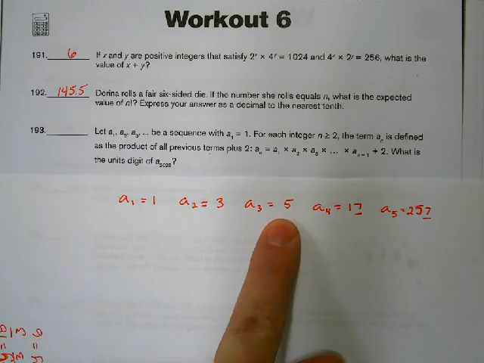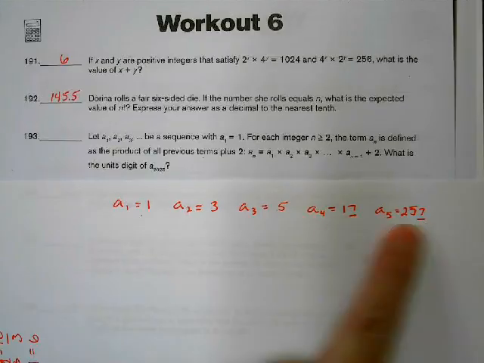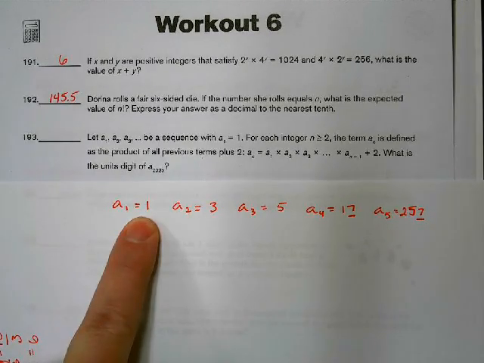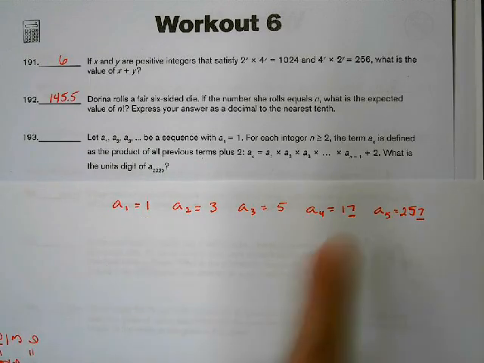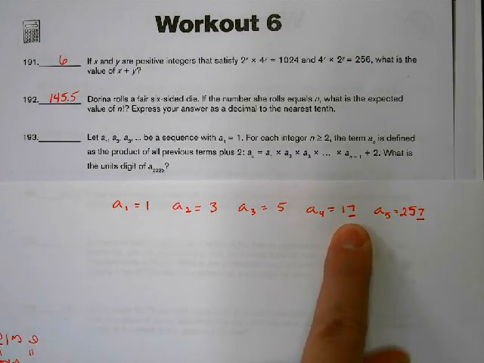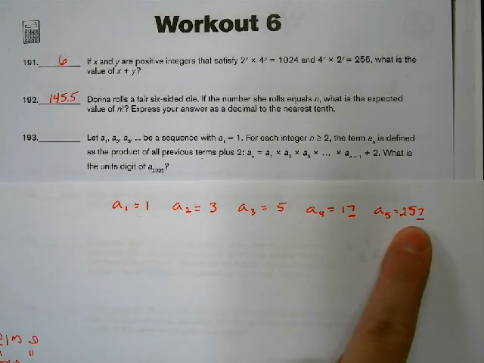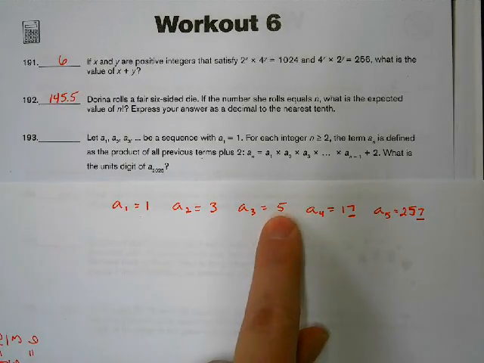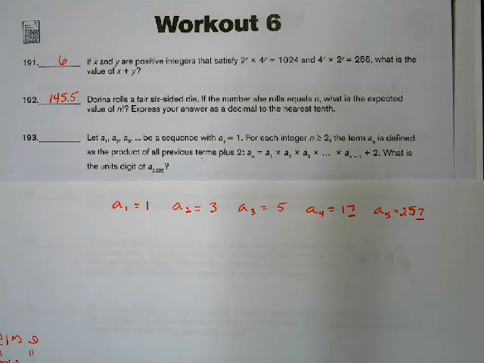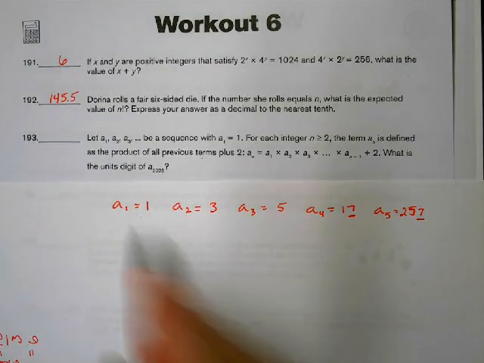So even if I multiply all these numbers, I'm still going to get it ending in 5 and then have to add 2 to it. So my units digit will always have to be 7 from here forward, no matter what, because I'm always going to get a number that ends in 5 because of this number right here. So 7 has to be the units digit of the 2025th term.